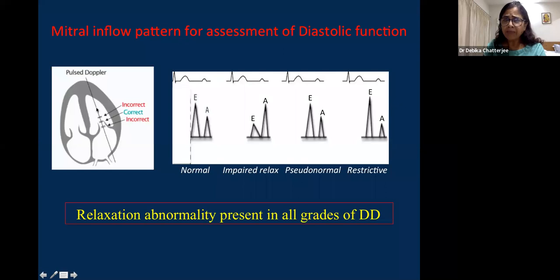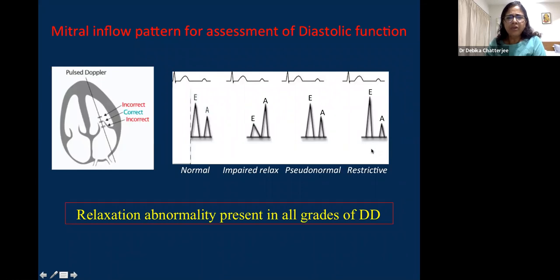That is what is happening here. The LV walls are stiff, just like the thick rubber, so it's non-compliant. Though the LA is pumping very hard, LV cannot receive the blood, and that results in a very small A wave. So very tall E, short deceleration, and a small A is the finding of very advanced diastolic dysfunction, the mitral inflow pattern.